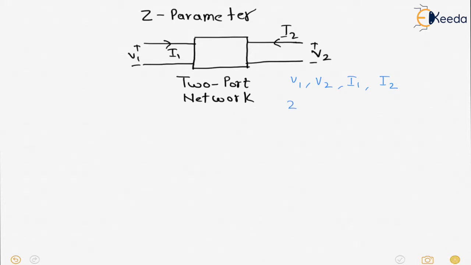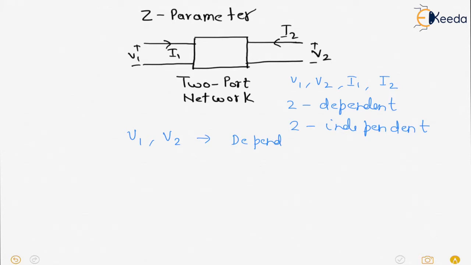Among these four parameters, two will be your dependent variable and two will be your independent variable. In Z parameter, we will see that V1 and V2 will be your dependent and I1 and I2 will be your independent parameters.